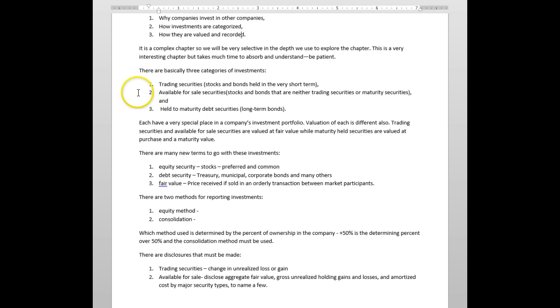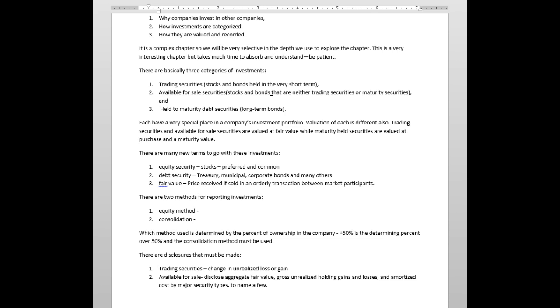There are three basic categories of investments. One is a trading security, and that's a stock or a bond that's held for a very short term. You have available for sale securities, which are stocks and bonds that are neither trading securities nor held to maturity securities. Now, what does that mean? Let's say you have a car, and then you see another car and you buy it.